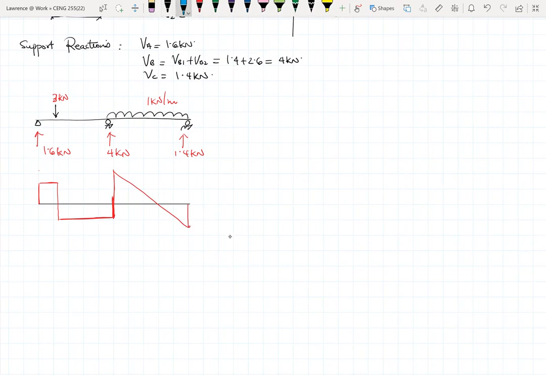So the values here are 1.6, 1.4, 2.6, and then 1.4 again.